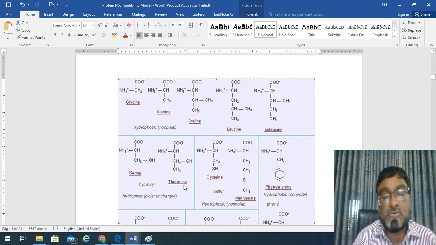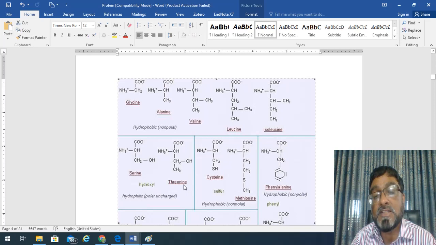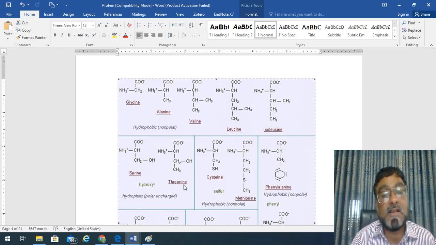Then there are two amino acids in nature containing sulfur in them, just like we saw the hydroxyl group with two amino acids. There are actually three, cysteine and methionine, that contain sulfur.